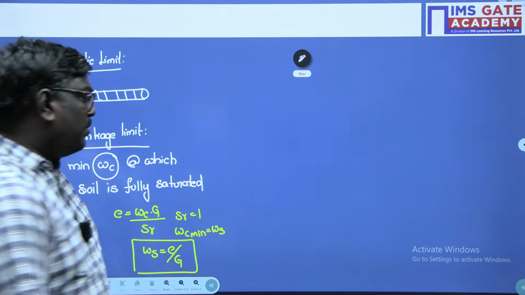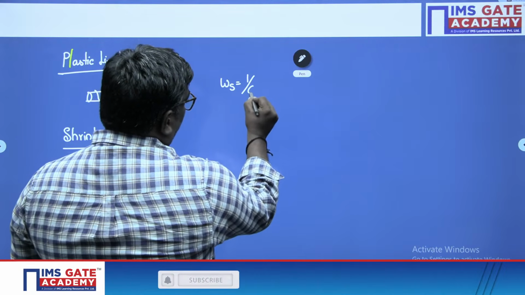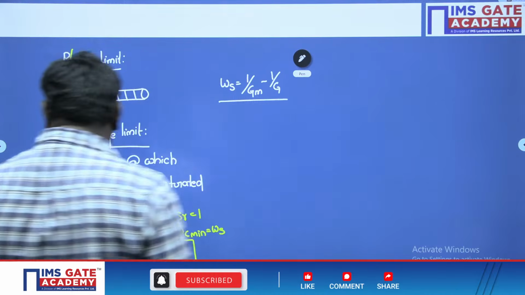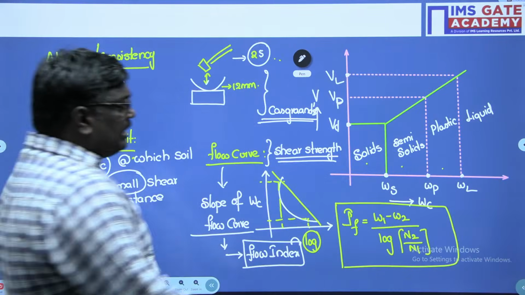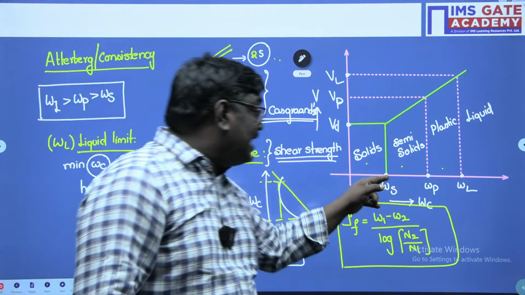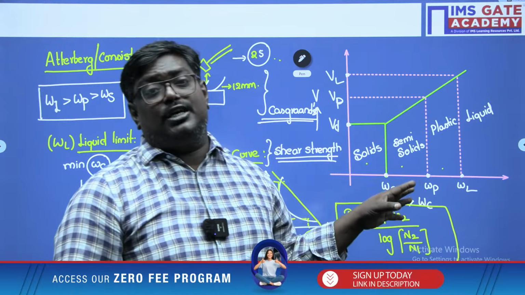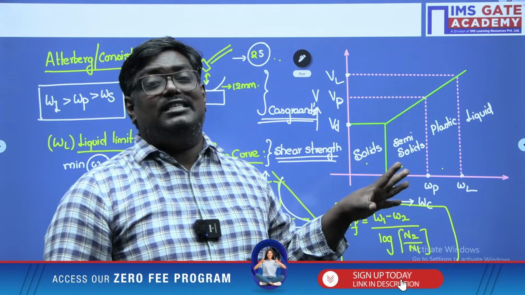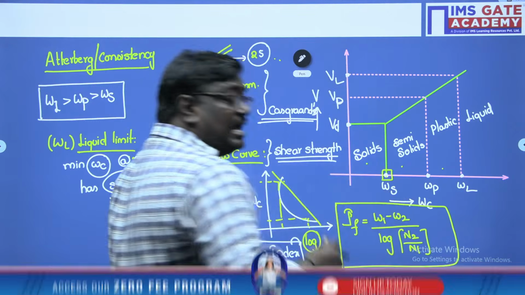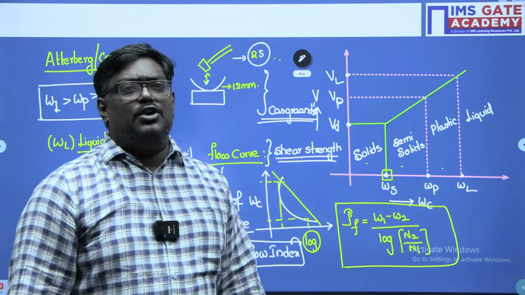And one more formula for shrinkage limit is given by 1 by Gm minus 1 by G. Now, sir, by looking into the graph, up to shrinkage limit there is no change in volume. So it is the maximum water content up to which any further loss of moisture will not cause any change in volume, my dear students.